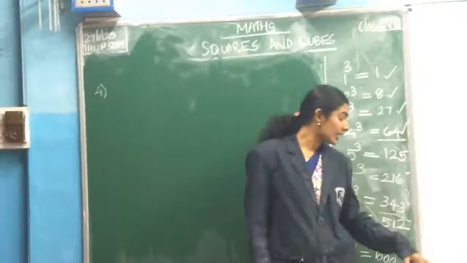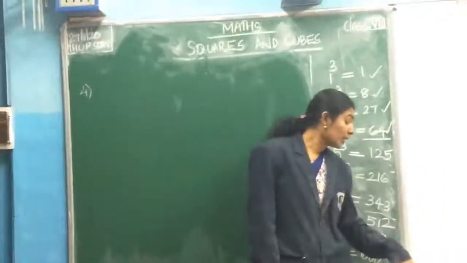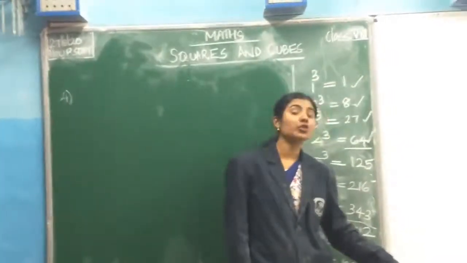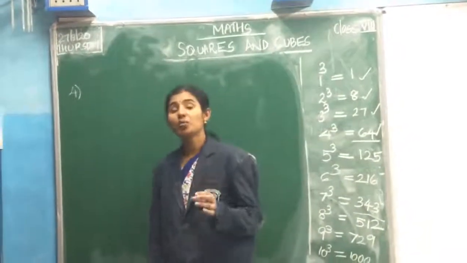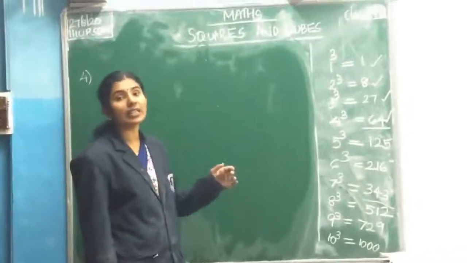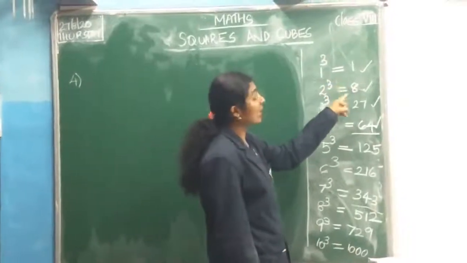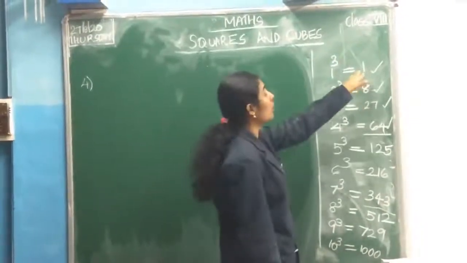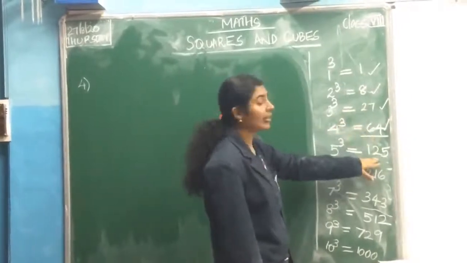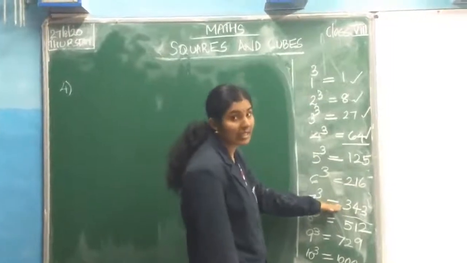Now I will say the next question. Question is, how many perfect cubes are there from 1 to 500? See the perfect cubes. 1, 8. We are starting from 1. 1, 8, 27, 64, 125, 216, 343.